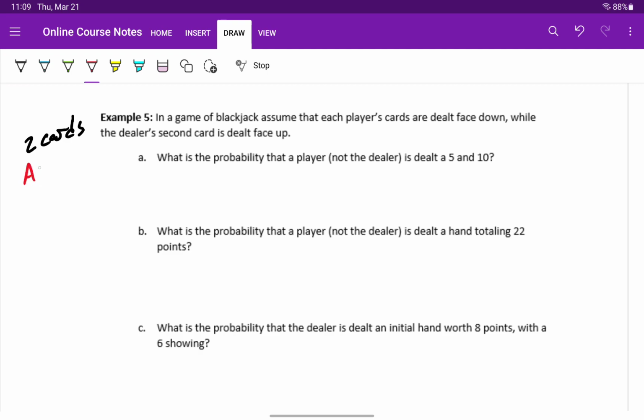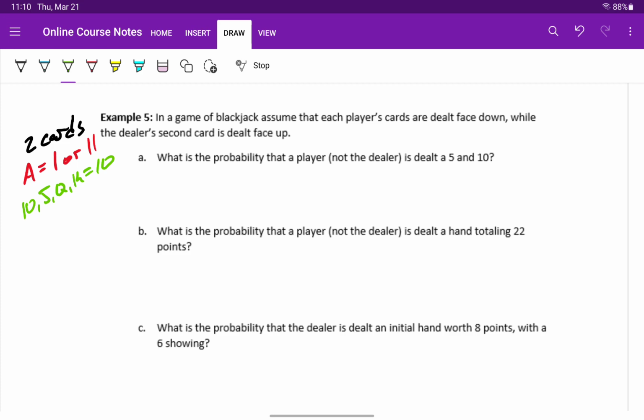In blackjack, an ace can either be equal to 1 or 11 points, just depending on your hand, you can make that choice. And then the 10 card, along with each of the face cards, are all worth 10 points. The goal is to get 21. So with those ideas in our head, we'll move on to looking at part A.